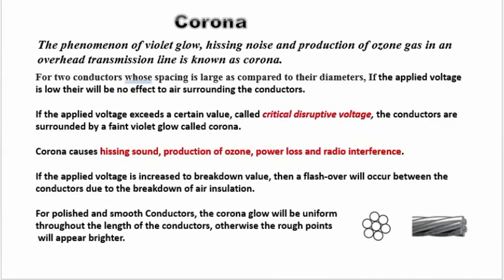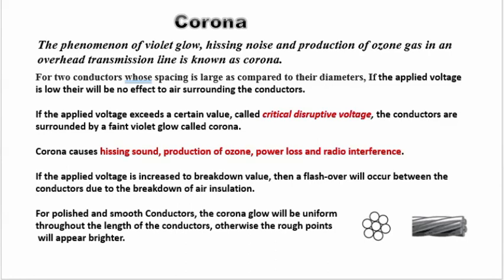Next we have the corona effect. The phenomenon of violet glow, hissing noise and production of ozone gas in overhead transmission lines is known as corona. For two conductors whose spacing is larger as compared to their diameter, and if we apply low voltages, there will be no effect in the surrounding air.